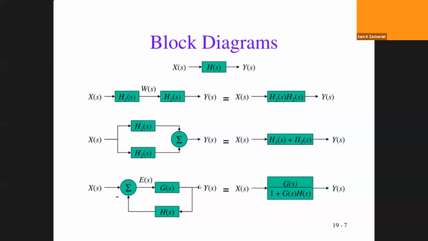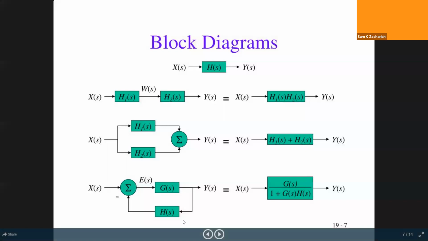Your hands are resting on your legs, and at the same time you are trying to pull your own leg. Finally, you will rotate. Something will happen. Similar to that, this is a similar situation in this feedback network, and finally it will lead to a division, gs by 1 plus gshs.